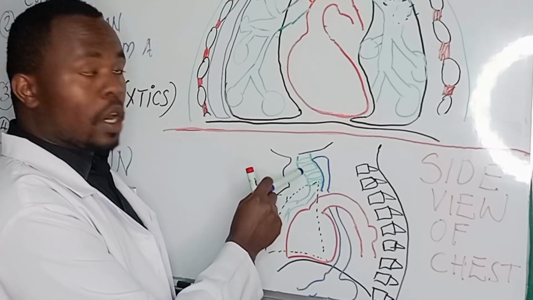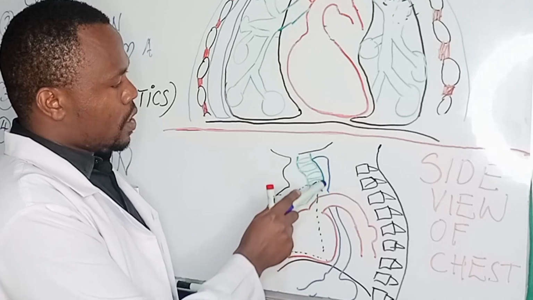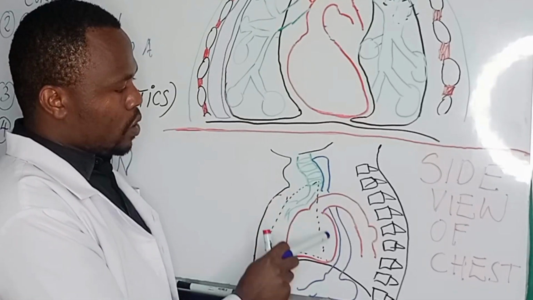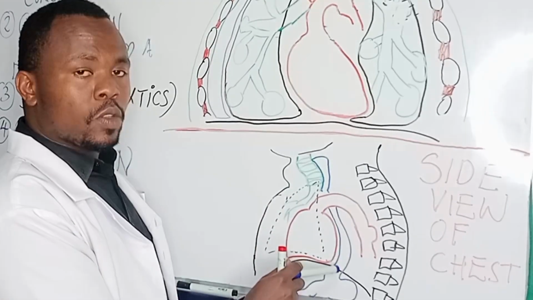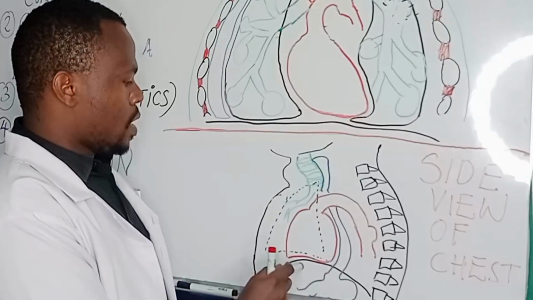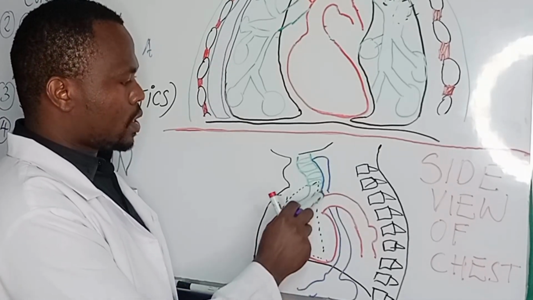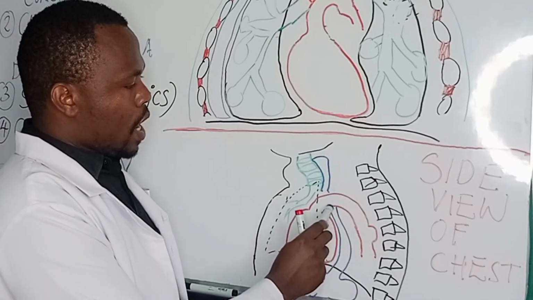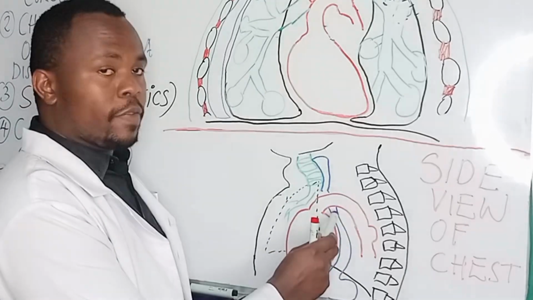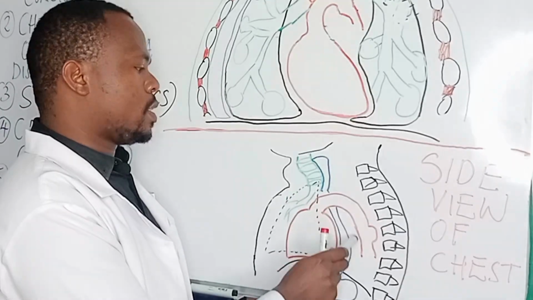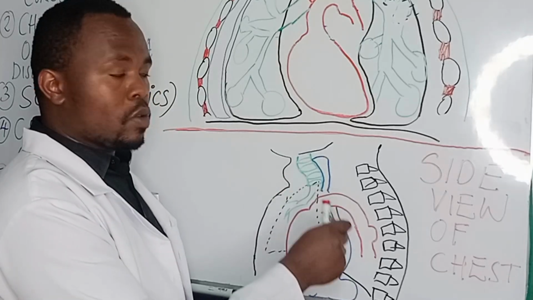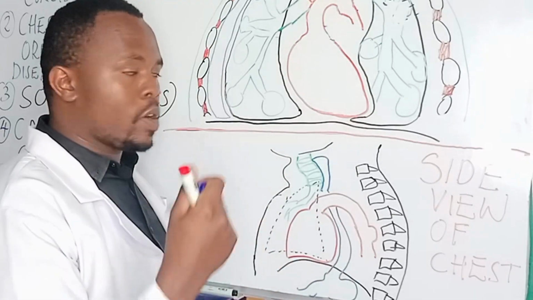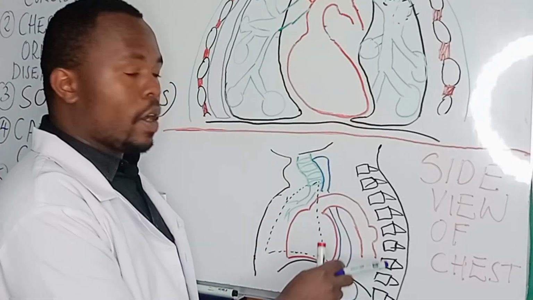This is the trachea or the windpipe. This structure that I've drawn in blue is the food pipe or the esophagus. And then we have the heart, this structure in red. The aorta is the largest blood vessel that arises from the heart and moves downward through the back part of your chest. Then we have the backbone.